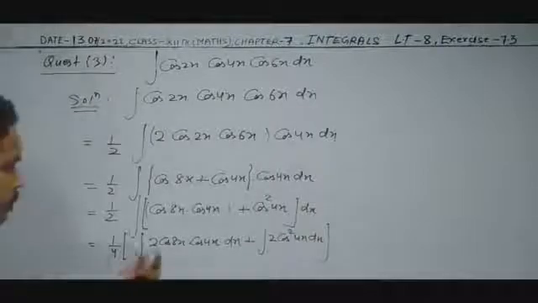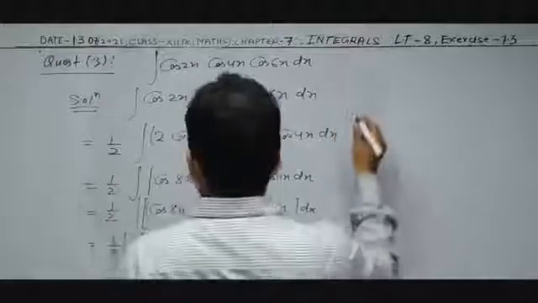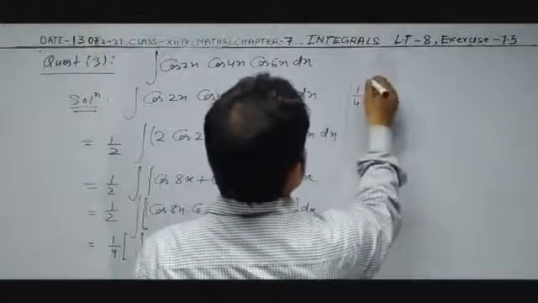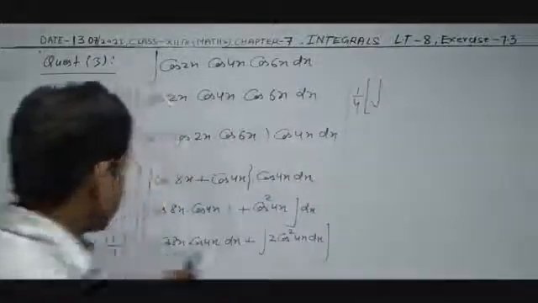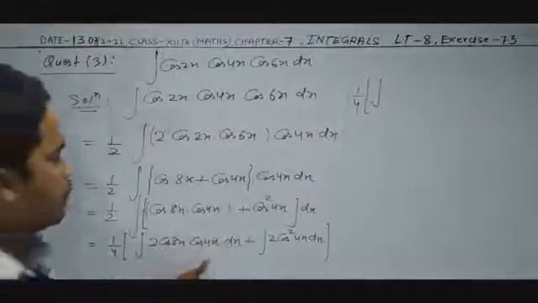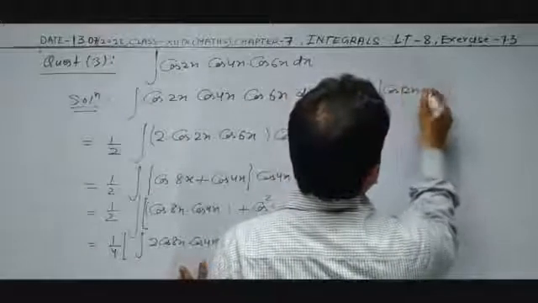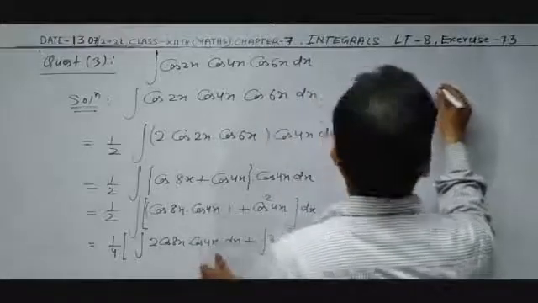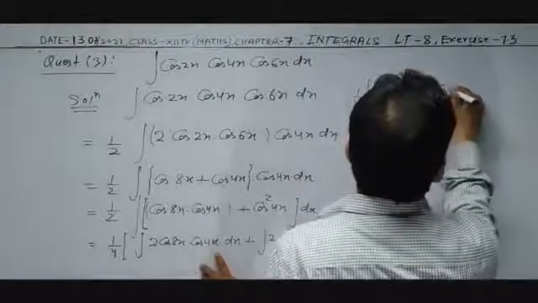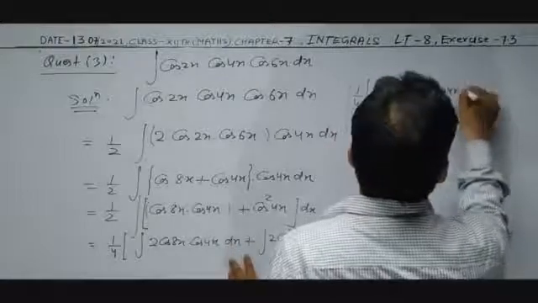Now you know the result of 2 cos A cos B: 1 by 4 in the bracket, integration over cos of A plus B, which is cos of 12x, plus cos of A minus B, which is cos of 4x, dx.